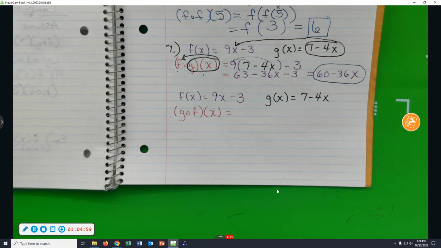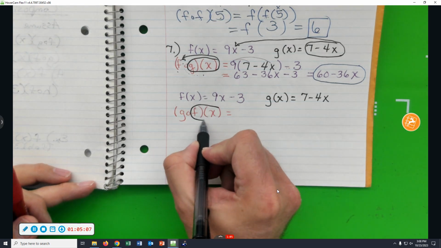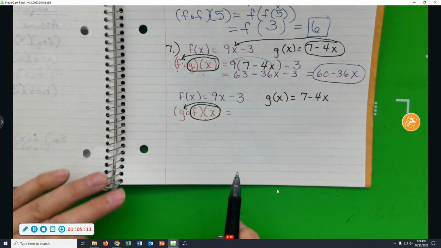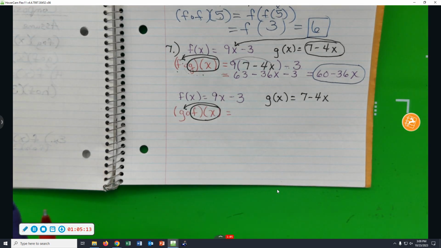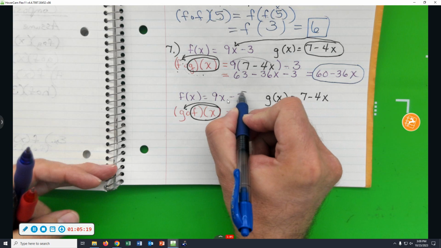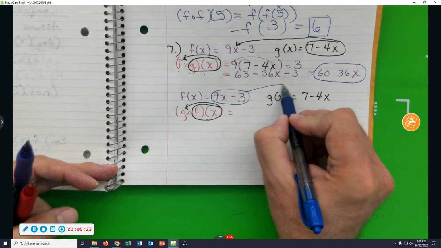Okay, in words, could y'all draw the arrows? How does this differ from 7? I'm going to plug f of x into g. So coming over here, I should have used a different color at this time. I'm plugging f of x into g.